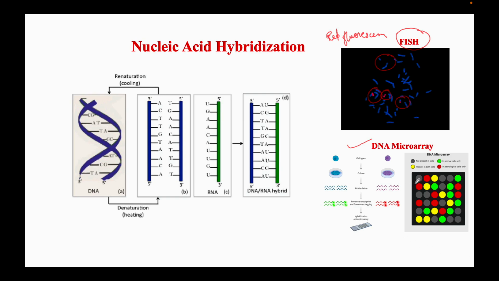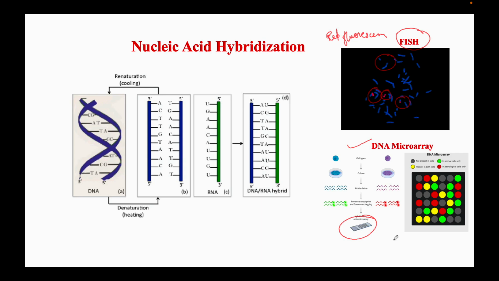Okay, so suppose this well contains a sample from one strain of microorganisms. Like this, we have n number of strains of these microorganisms, and at a single given time we analyze multiple thousands of samples. Okay, so this is a microarray chip.